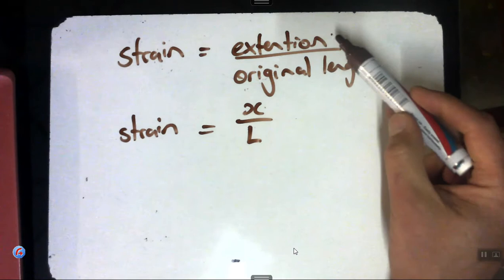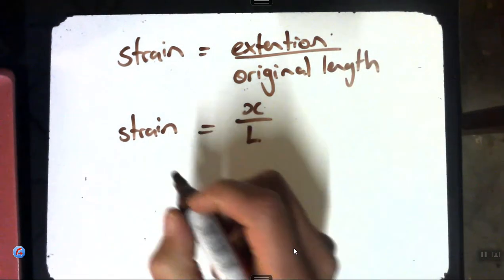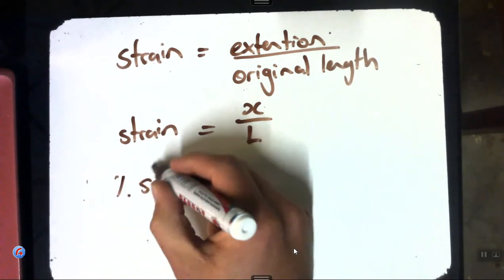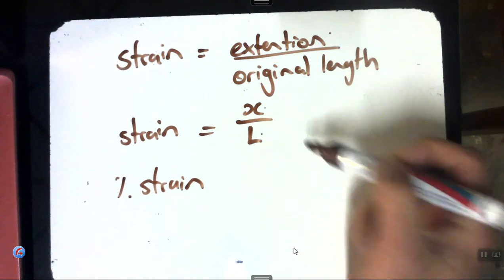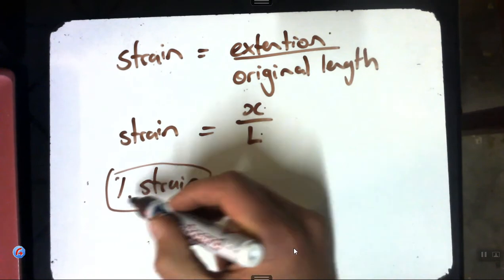Now, both of these will be measured in meters or centimeters, so strain is just a ratio, or sometimes they ask for the percentage strain, when you take the extension over the length times 100. But this is not seen that often.